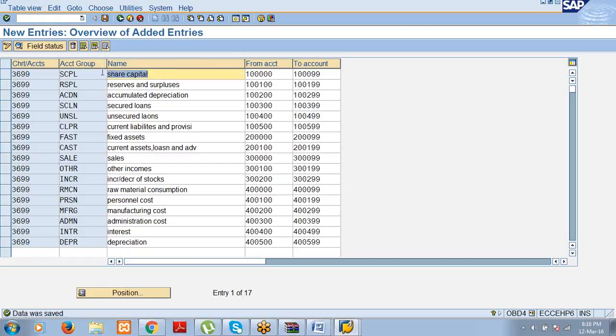Here, you can edit the name, you can edit the numbers also. But you cannot edit the account group name once it is created. It's not master data, right? Name of the account group. We cannot change the name of the account group once it is created. But we can change the description of the account group. Okay, sir.